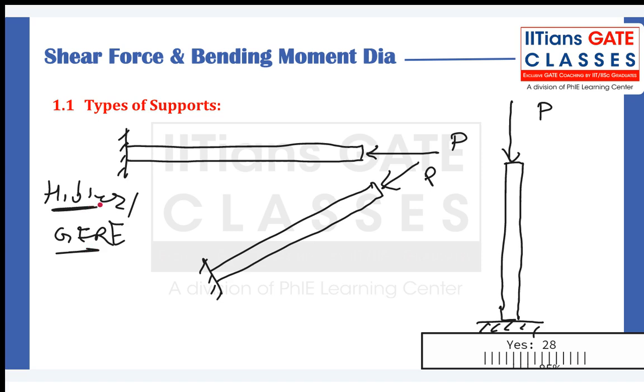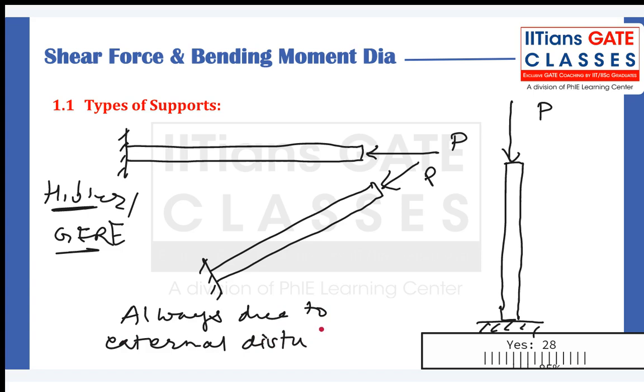Okay, so the buckling failure is always due to external disturbance. What are external disturbances? Can anyone tell?